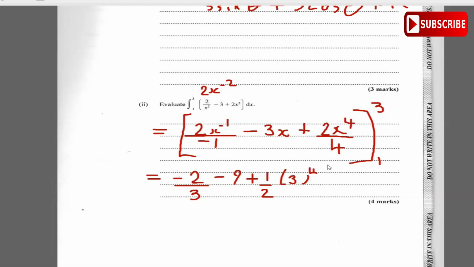That's what you get when you plug in 3, and then you subtract what you get when you plug in 1. When you plug in 1, you get 1 to the minus 1 is 1, 2 over minus 1 is minus 2. Plug in 1, you get minus 3. Plug in 1, you get plus a half.